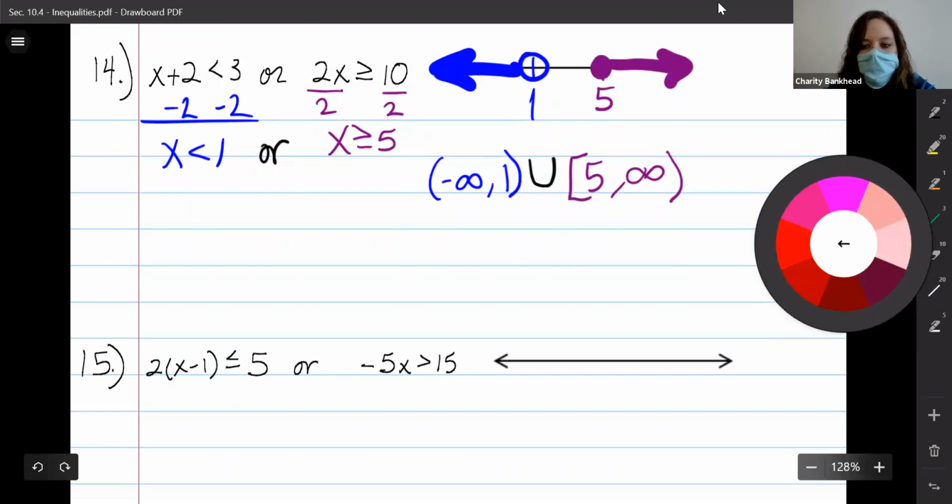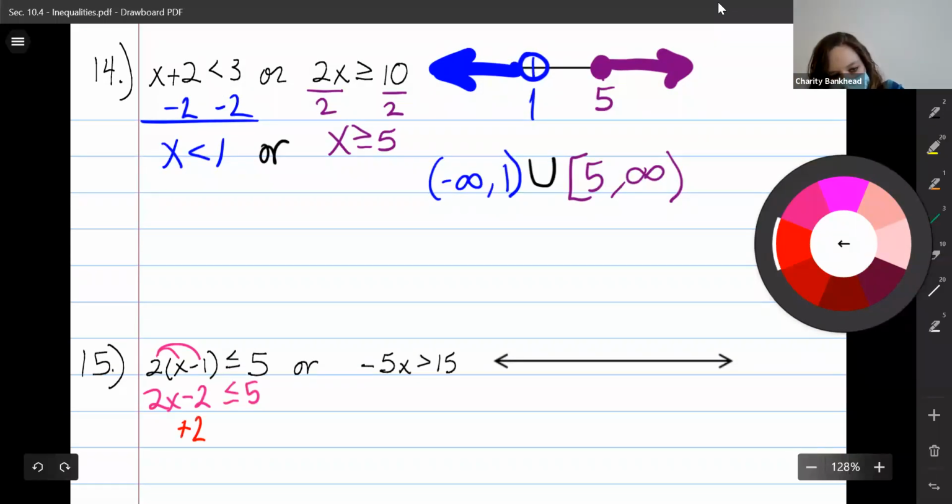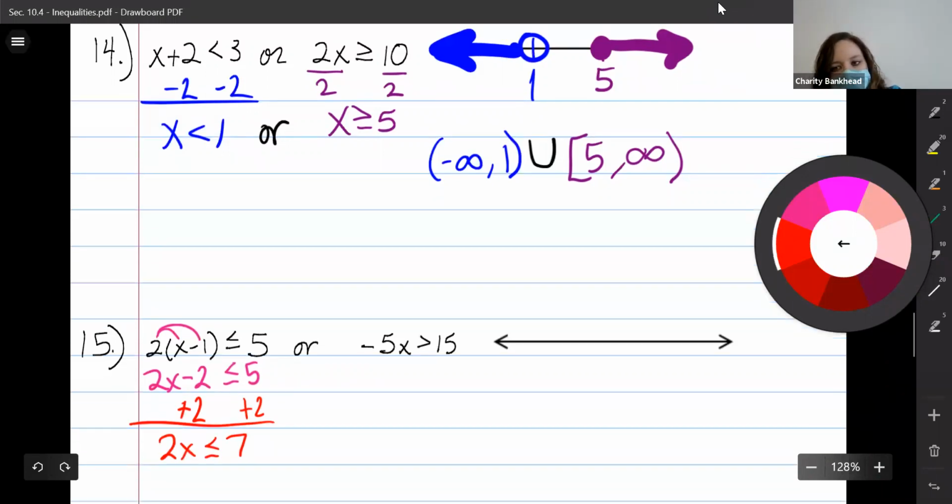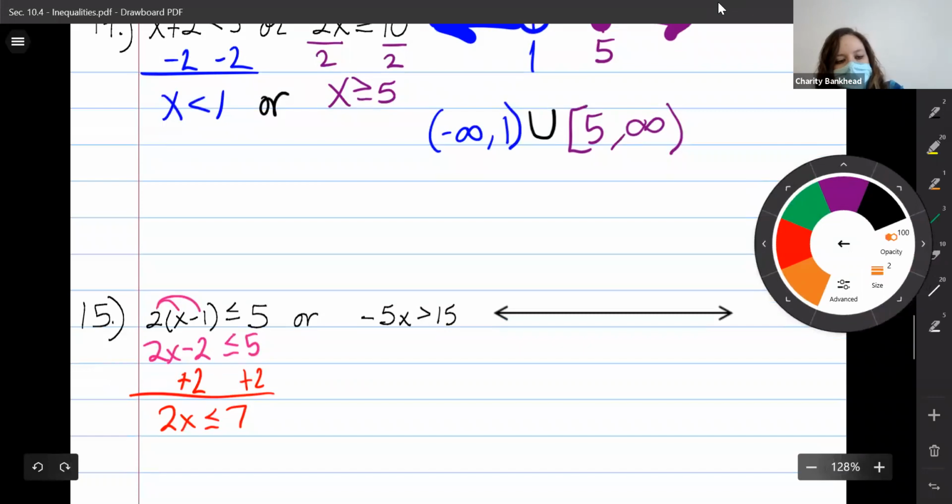Number 15, I'm going to distribute the 2, so that's going to be 2x minus 2 is less than or equal to 5. And then I'm going to add 2 to both sides. So 2x is less than or equal to 7. And then divide both sides by 2.